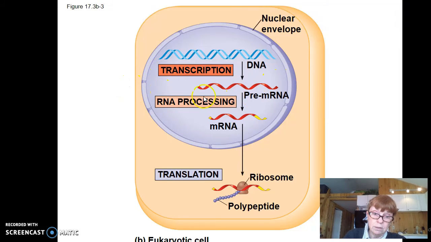Then we have RNA processing. Once the introns are removed and the tail and the cap are put on, they go to the ribosome for the translation. And during this piece, we have 4 major issues that we can have.